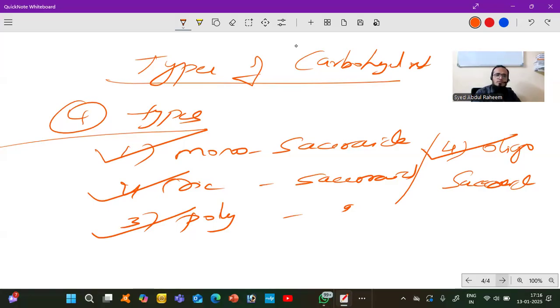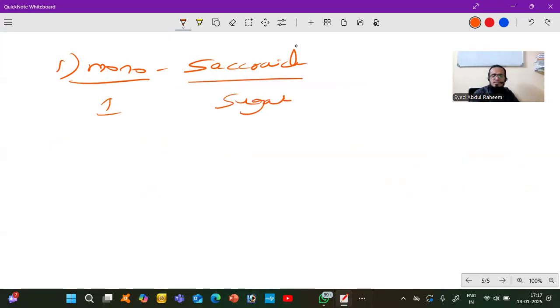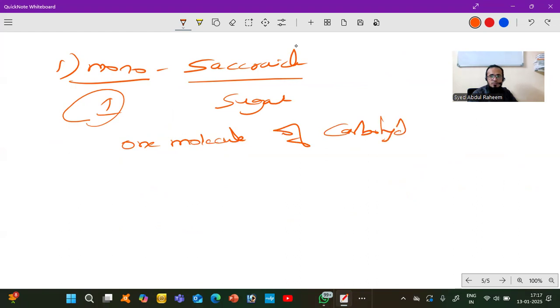First is monosaccharide. Mono means one, saccharide means sugar. Any substance having a single molecule of sugar, one molecule of carbohydrate, is known as a monosaccharide, and it is a simple carbohydrate.